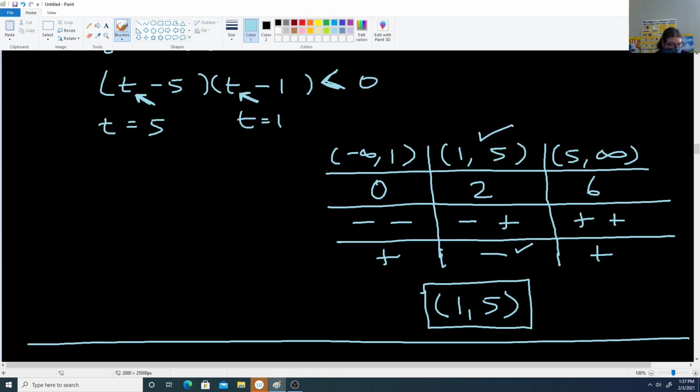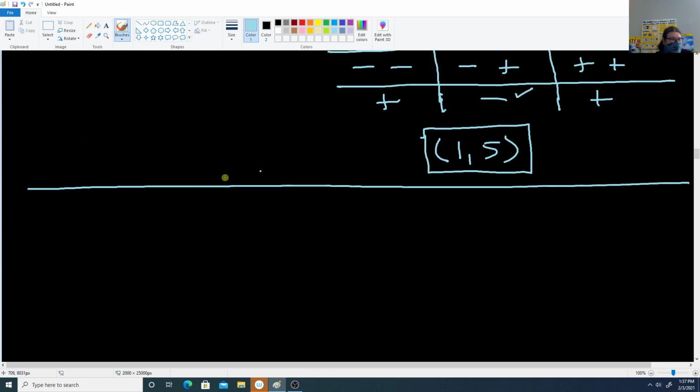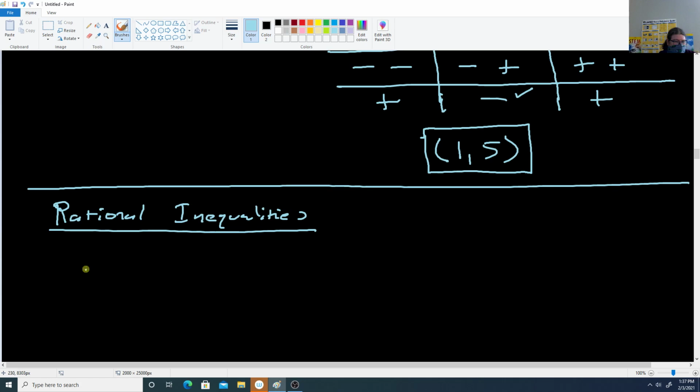So final two examples are going to be what we call rational inequalities. So this will be example 8.